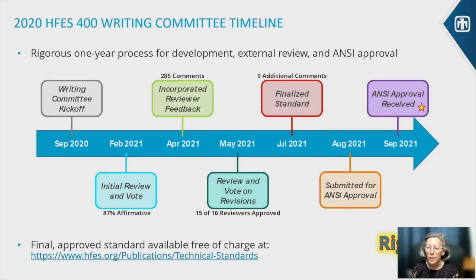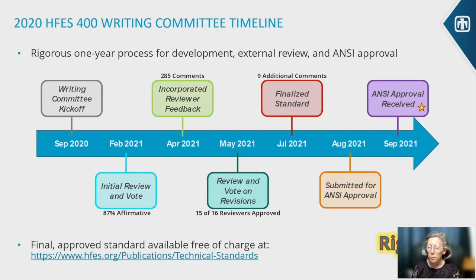So this was our timeline. And I'll just say this is not really a typical timeline for a standard. We had some reasons for wanting to be finished by September 2021 in time for the Human Factors and Ergonomics Conference. So we kept our noses to the grindstone and really pushed to get it done.